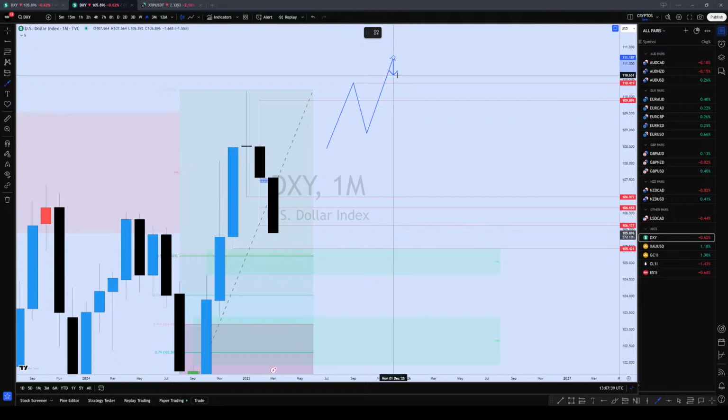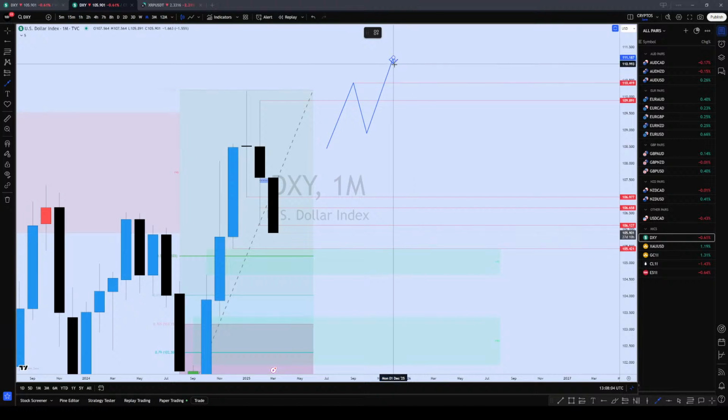I use the terminology confirmation. When price gives a confirmation that it is going down, I'll dive more deeply into how to look at the confirmations in future. It's part of the confirmation criteria that I use.